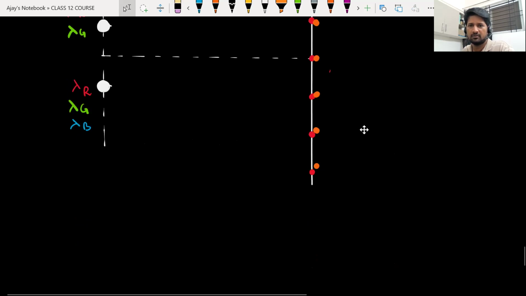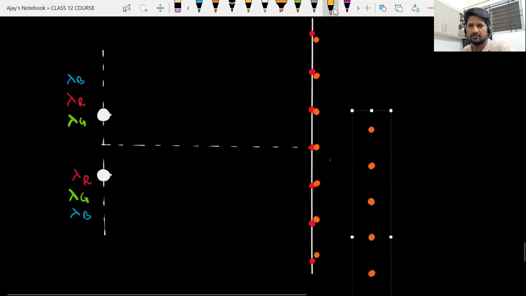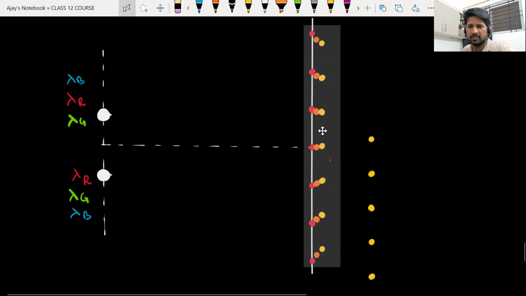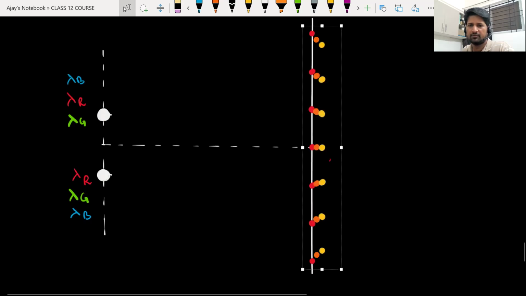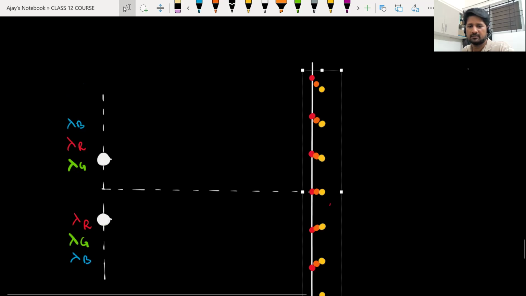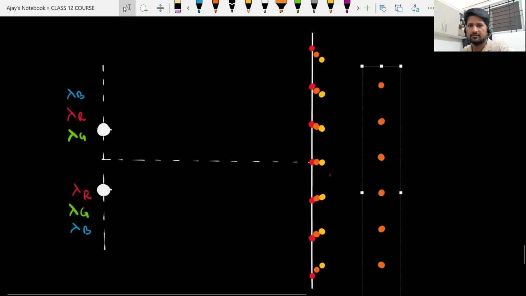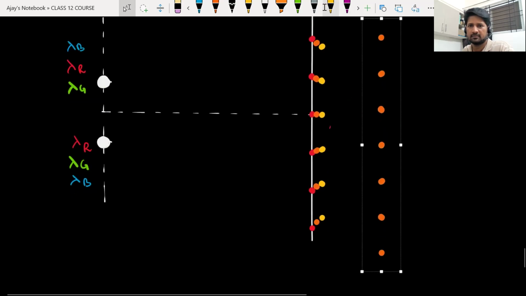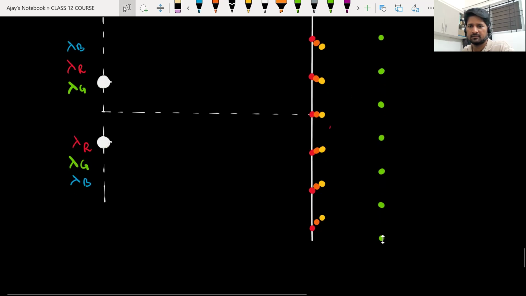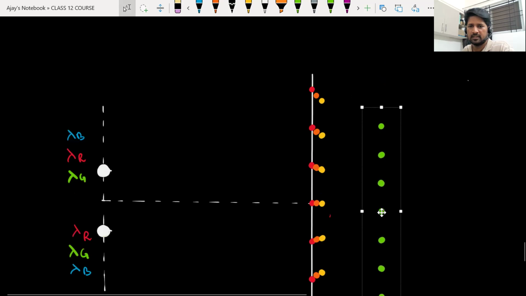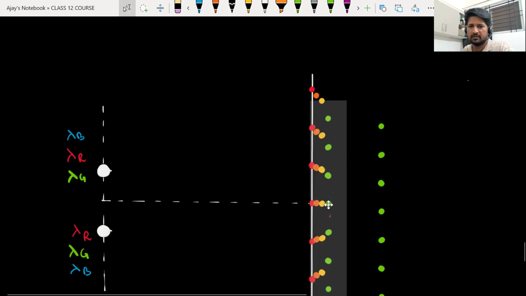Next is yellow. The wavelength for yellow is shorter than that of orange. So the pattern of yellow maxima will be like this. Next is green. Even shorter wavelength, you get a pattern like this.